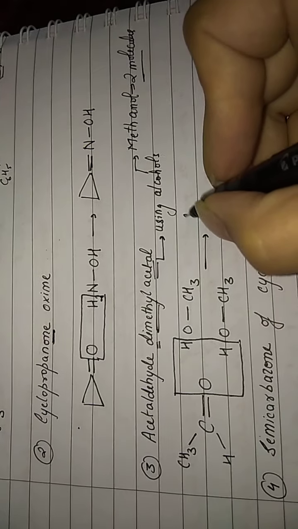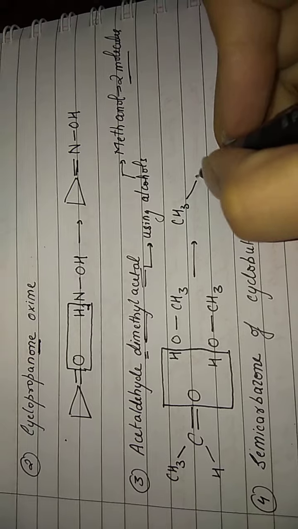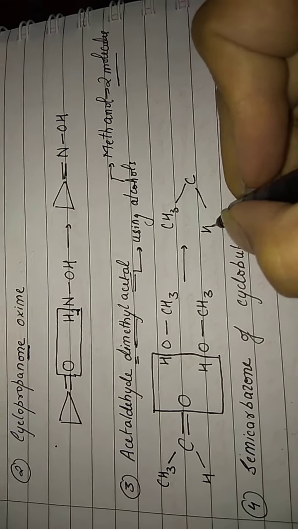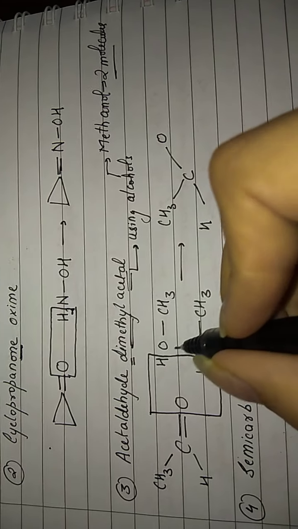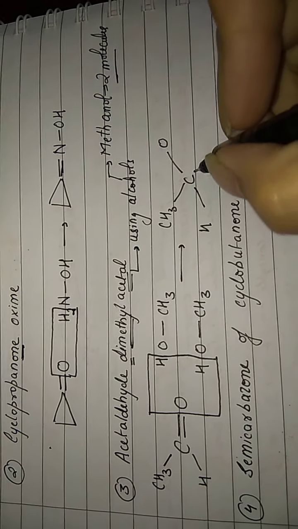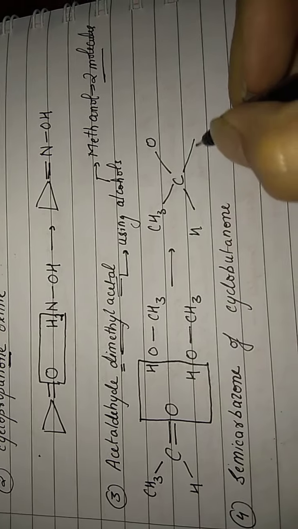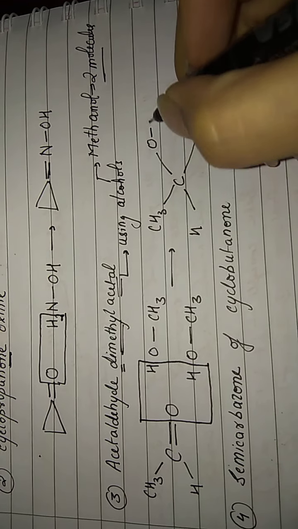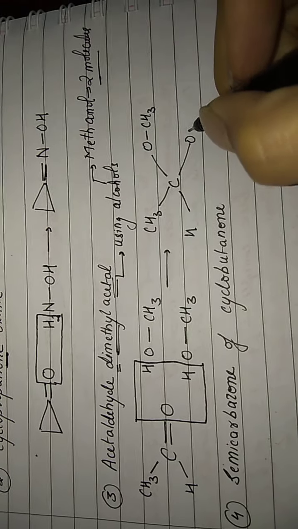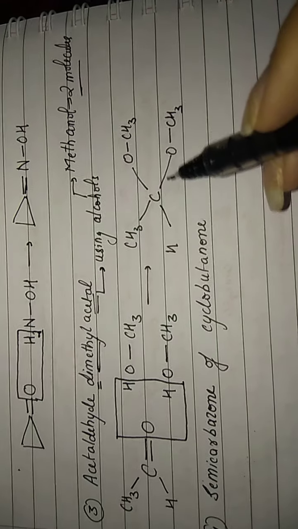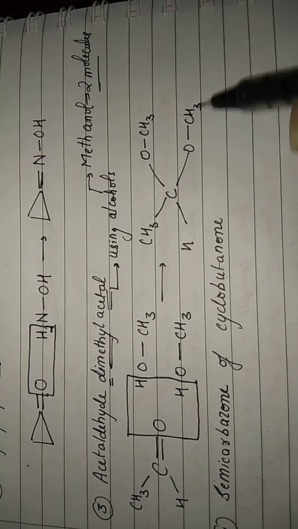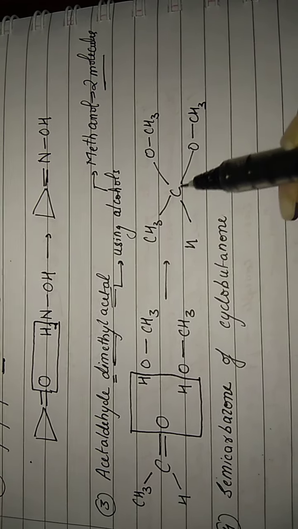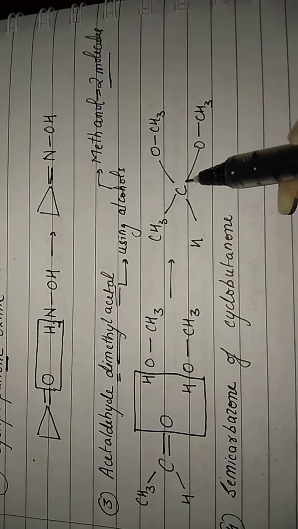And how will you form the product? CH3CH, 1 bond to this oxygen, and the other bond to this oxygen, and the rest of the thing as it is. So what you find is that in acetals you have 2 OR groups attached like this to one single carbon atom.